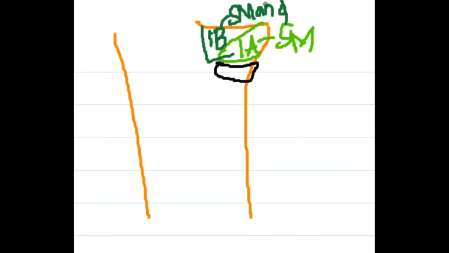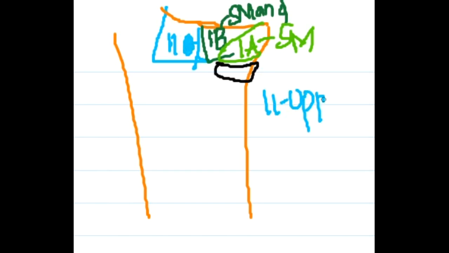Then we have 2A. From the angle of mandible, we can divide this into 2A and 2B. Level 2 is the upper jugular. Then we have 3.